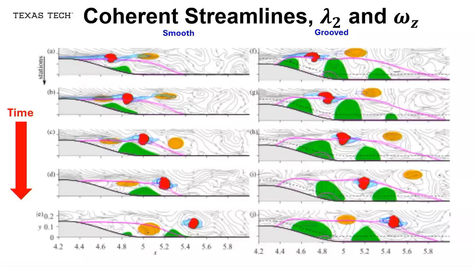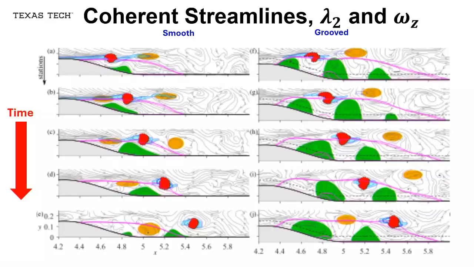And you see from this, here I'm showing the coherent streamlines from that phase-locked ensemble average. And we find that there is this secondary separation bubble. It was not present in the time average, but you see it is characteristic of this flow even in the smooth wall.